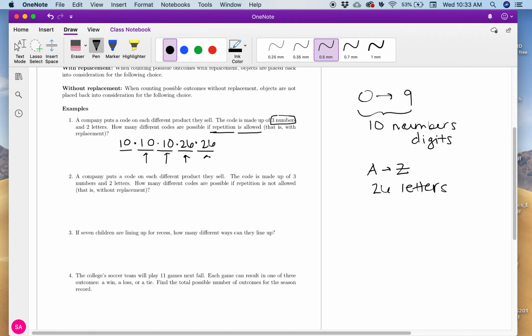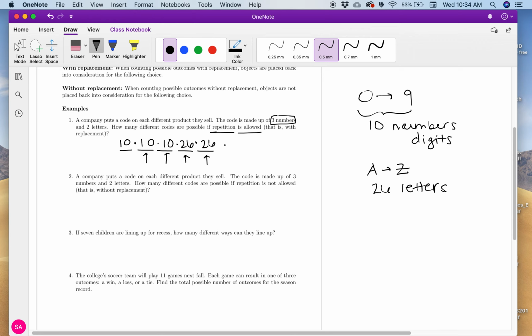Okay. So we wrote out the number of options we have for each character in this code. We have 10 different numbers to pick from for the first character, 10 for the second, 10 for the third, and then when we start picking our letters, there's 26 letters in the alphabet, so we have 26 choices for each of these.